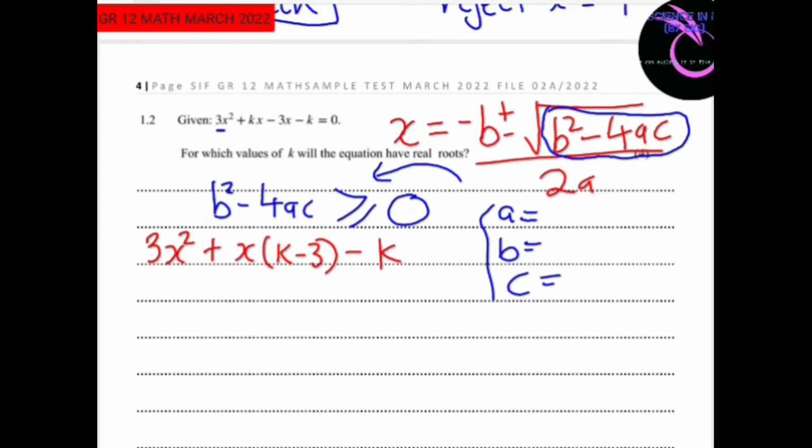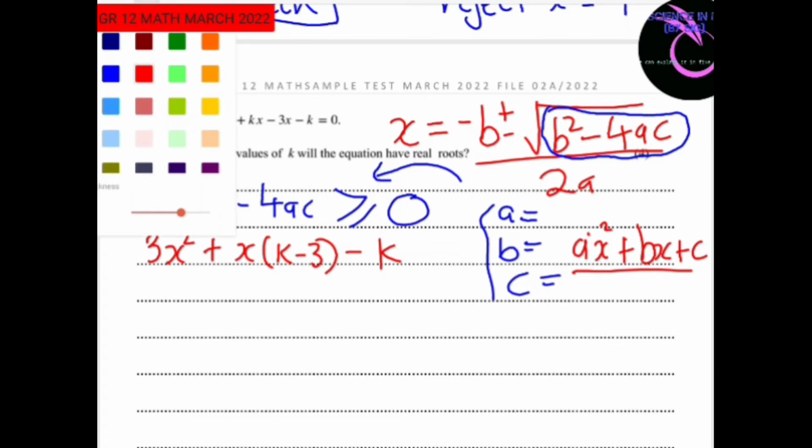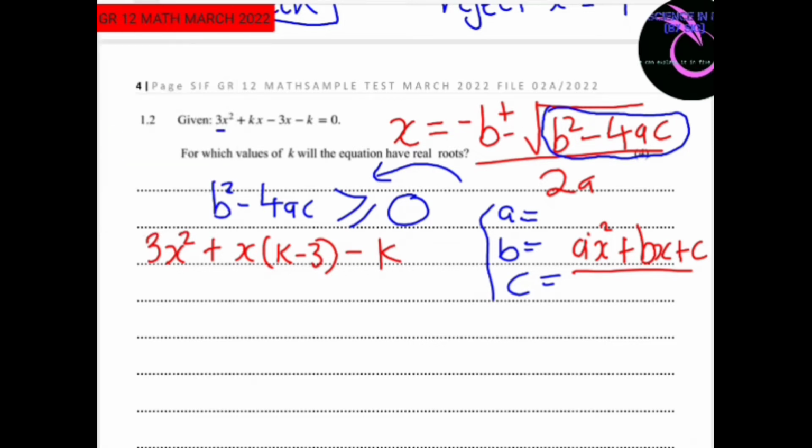In other words, I always want the expression to look like ax squared plus bx plus c. Once it's like this, it's easier to see what a, b, and c are. So now I can quickly identify there's the a, there's the b value, the coefficient of x, and there's the c, minus k. So all I now need to do is substitute.